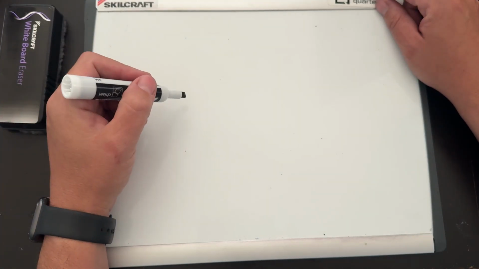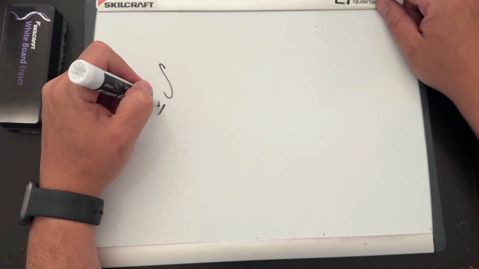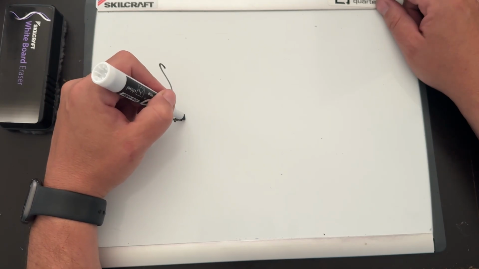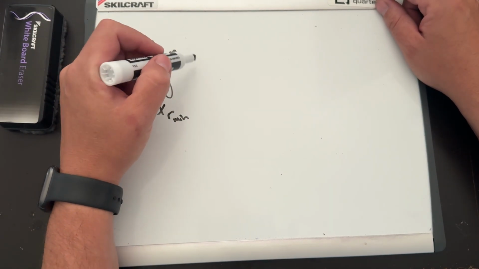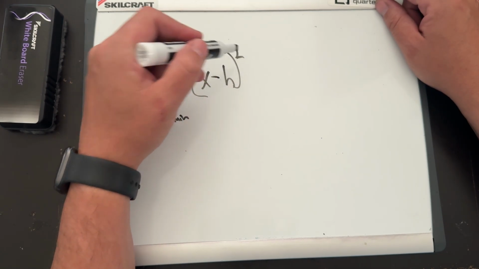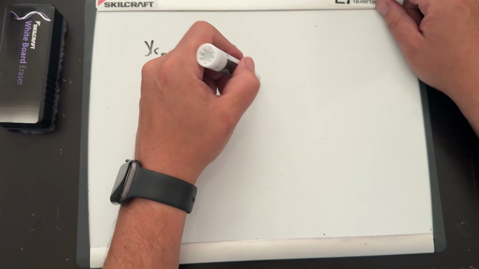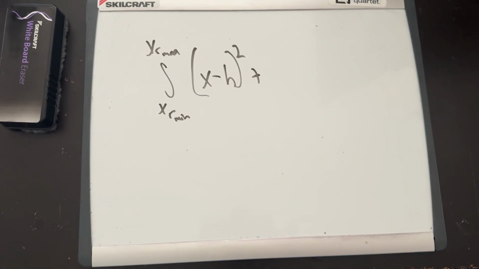was if I took the integral of x r min to x r max of x minus h squared plus, one moment, sorry about that.